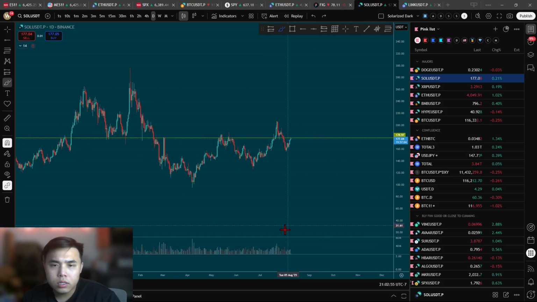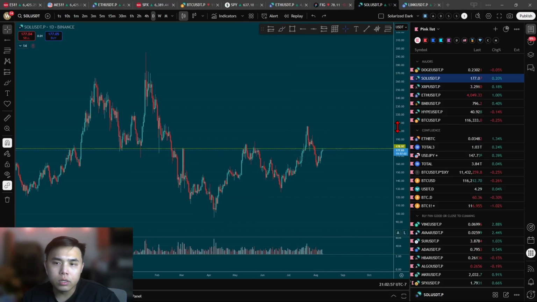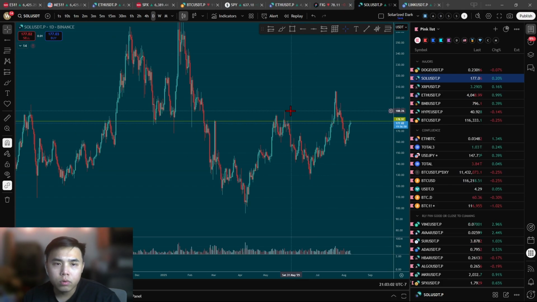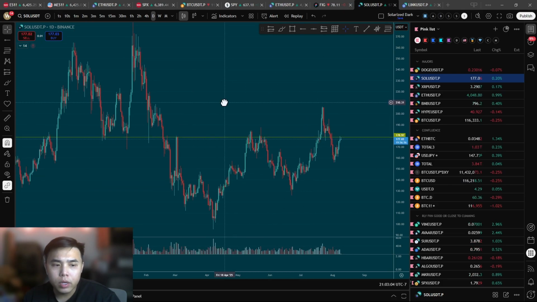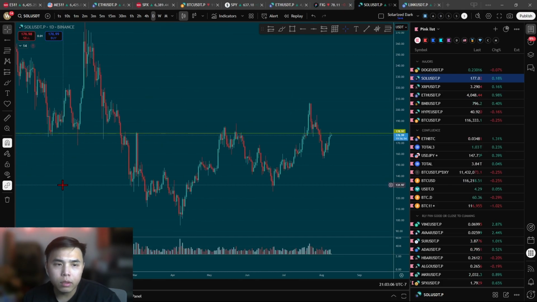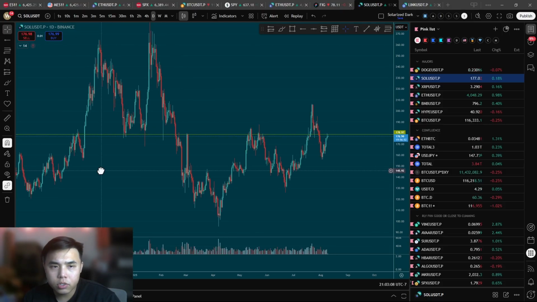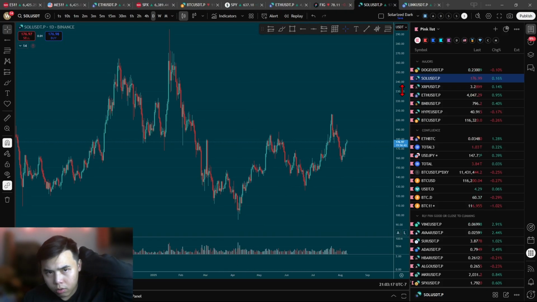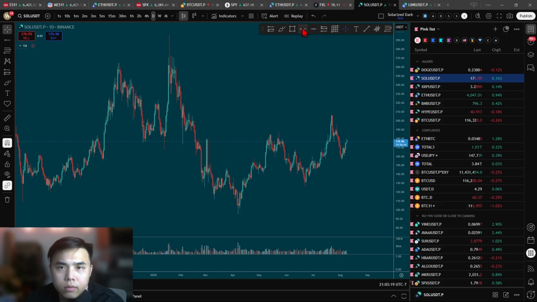So in that case, what you probably want to do is refer to a more recent structure. Just zoom in to the last year or so of price action, like I have August to now, and then try to base your lines off of this, right?